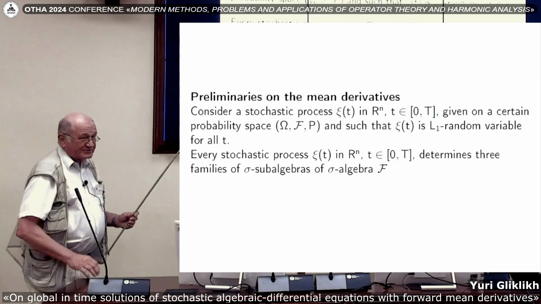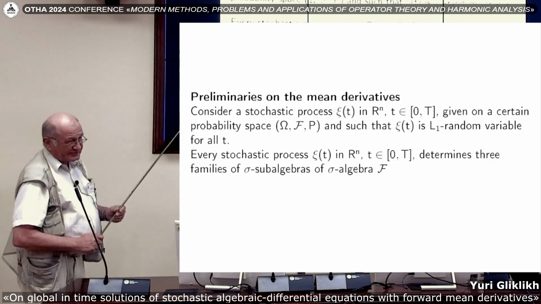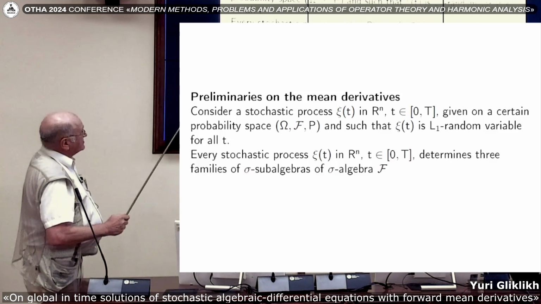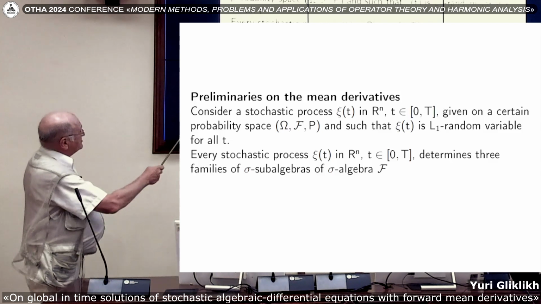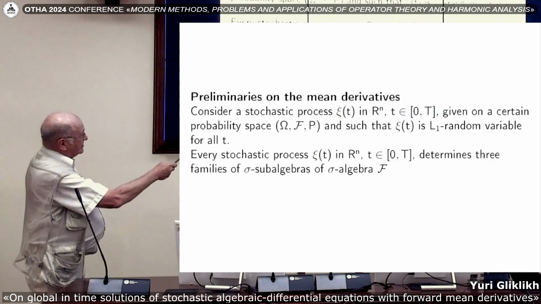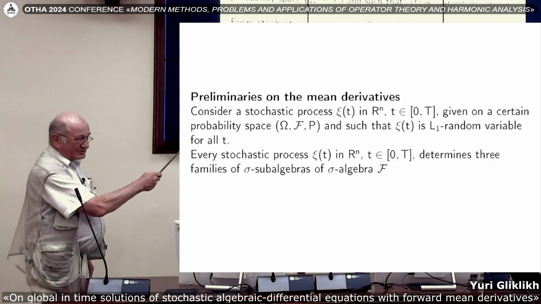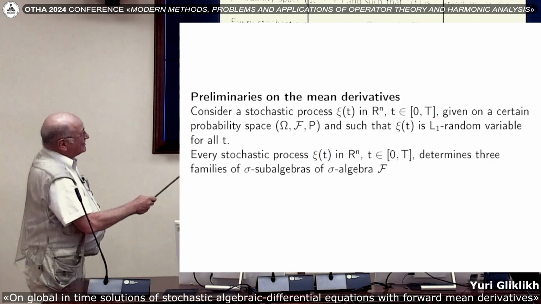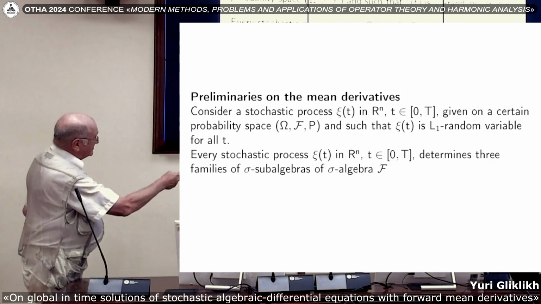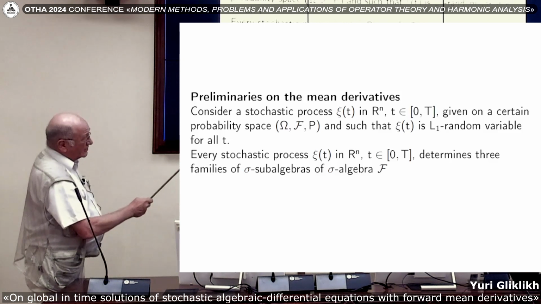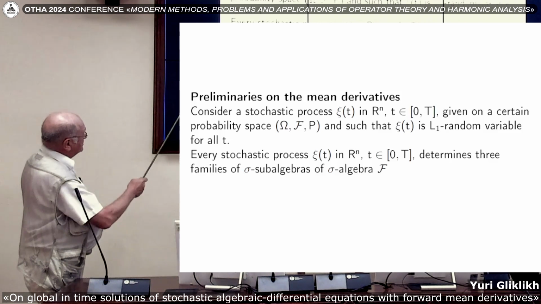Now, preliminaries on mean derivatives. Consider a stochastic process in R^n given on a certain probability space, such that psi of t is an L1 random variable for all t.